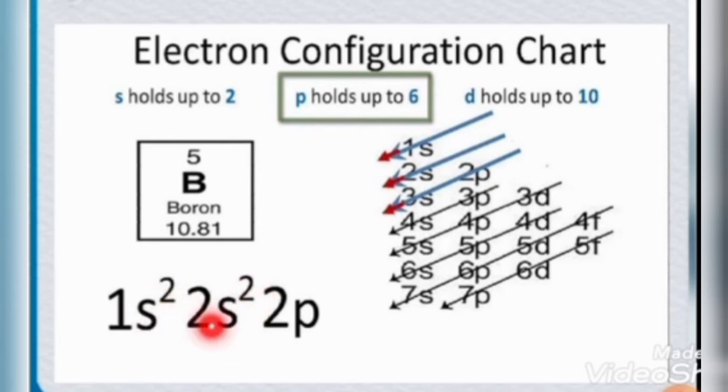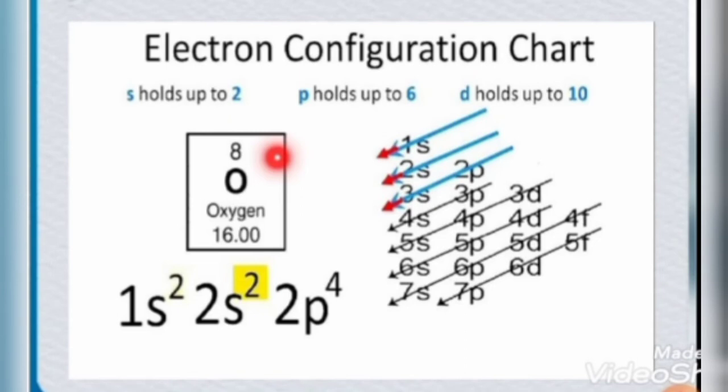The s subshell can accumulate 2 electrons, and the p subshell accumulates a maximum of 6 electrons. But in the case of boron, there are 5 electrons: 2 in 1s, 2 in 2s, that is 4. The rest of the electrons will go here, 2p1. So the electronic configuration is 1s2, 2s2 and 2p1.